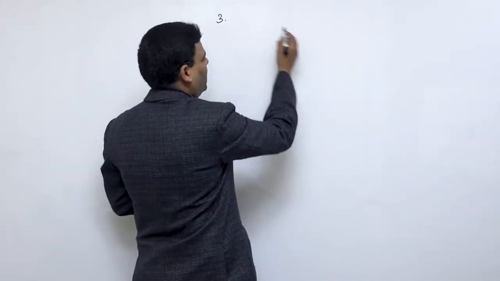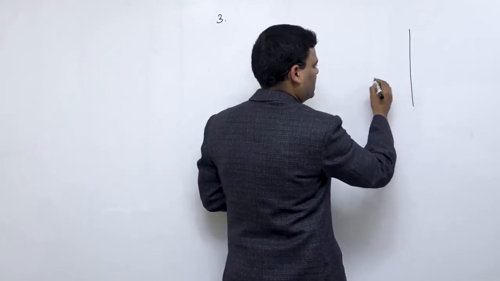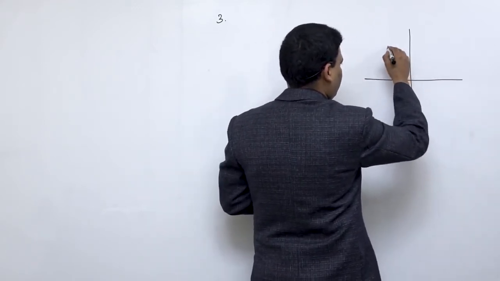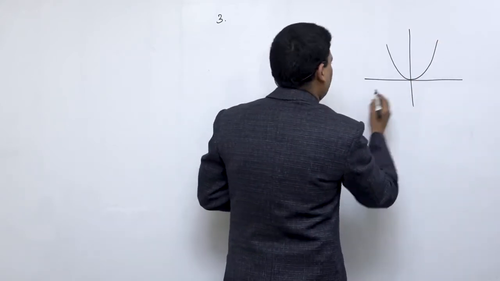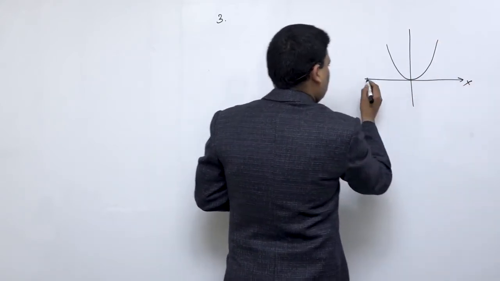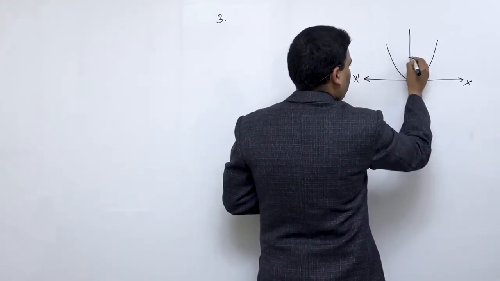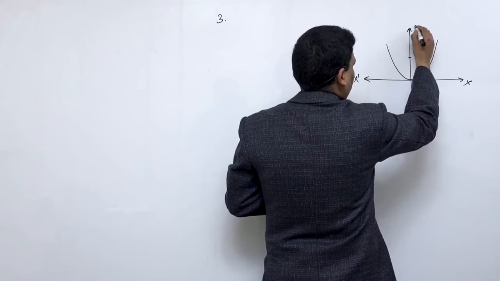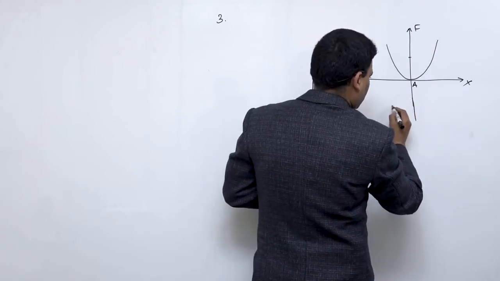Now, again, if the parabola turns upward from its vertex, then let the vertex be at the origin, let it be A, and F be the focus. The axis lies on the y axis.